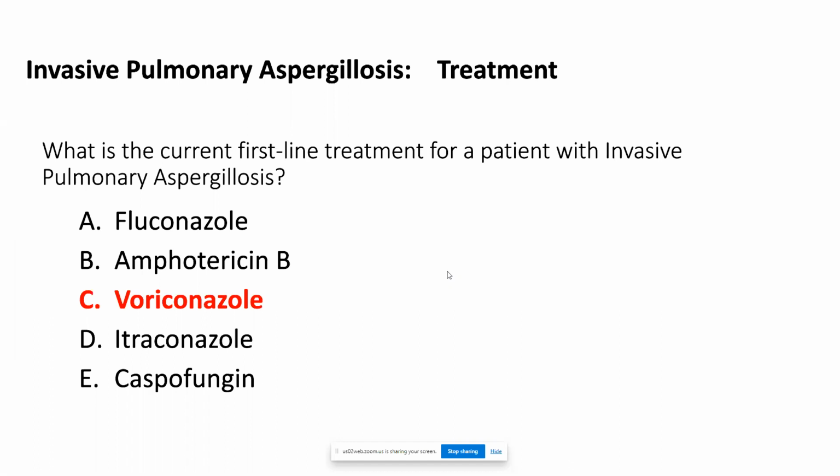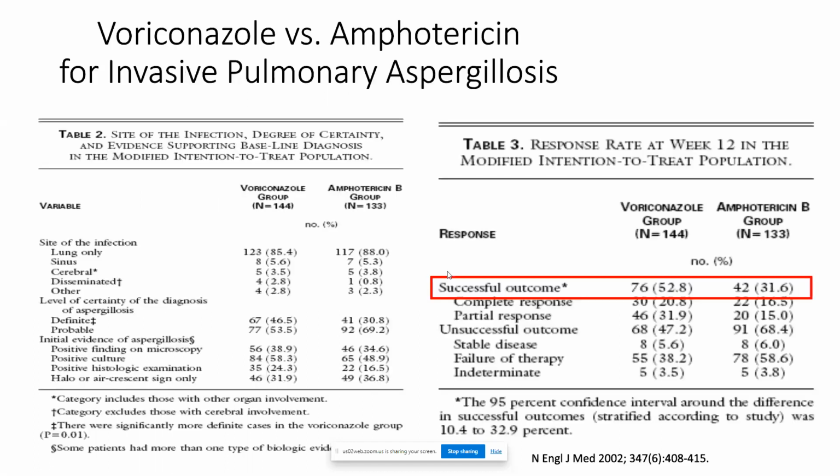Vori. Okay. This is based on one of the rare prospective randomized clinical trials for fungal infections that showed a clear benefit of voriconazole over amphotericin in terms of treatment for invasive pulmonary aspergillosis. So this is now 20 years old. This is not new news.